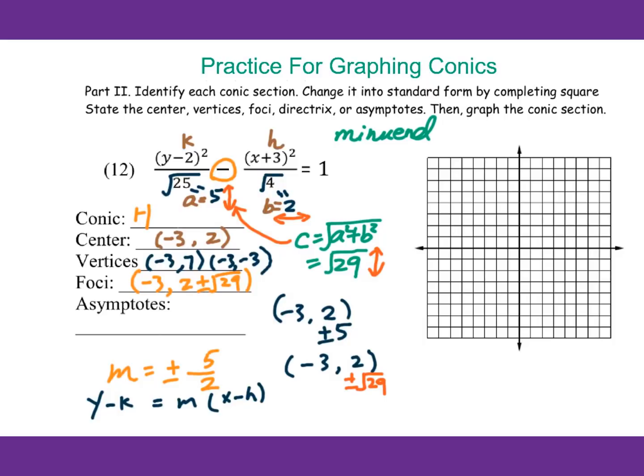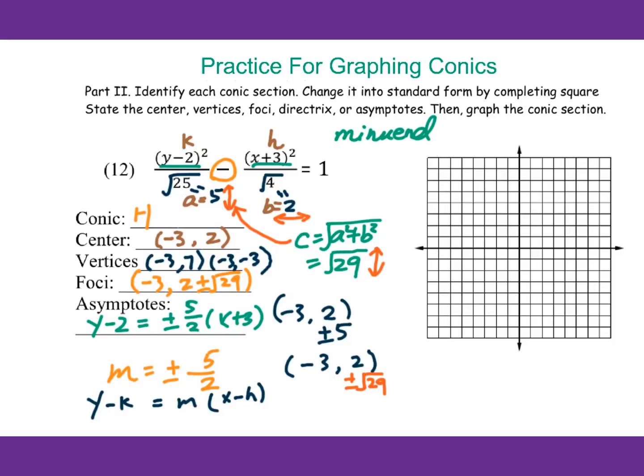Therefore, y minus 2 equals plus or minus slope 5/2 times x plus 3. That's the asymptote line. Now we can sketch the graph.